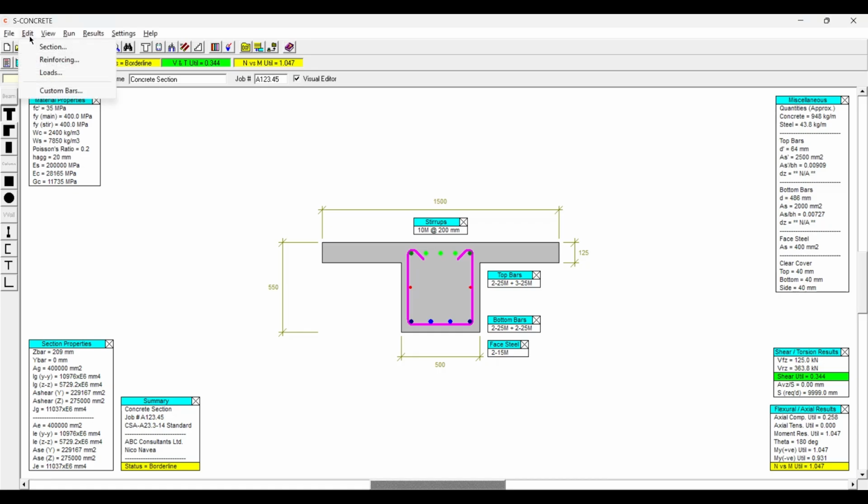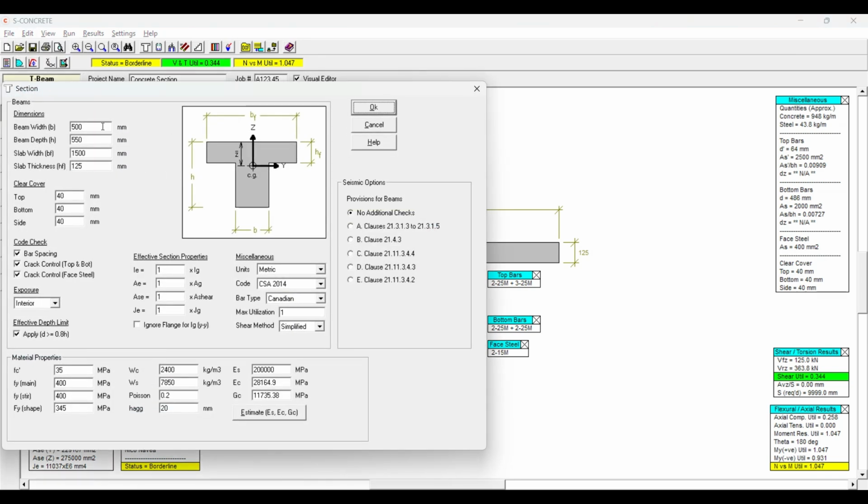The beam width is... let's go to sections. The beam width is 300. The beam height is 500.